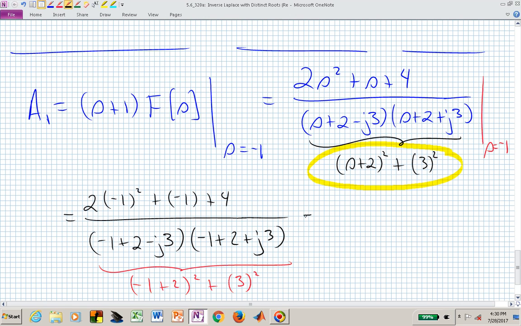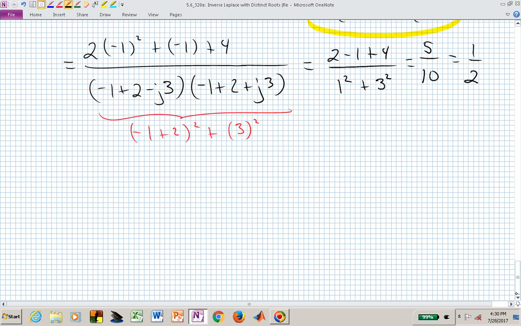Continuing, we end up with 2 minus 1 plus 4 in the numerator. Downstairs we have 1 squared plus 3 squared, so we now have 6 minus 1, or 5, all over 10, or A sub 1 is now 1/2. That's our first partial fraction expansion coefficient.